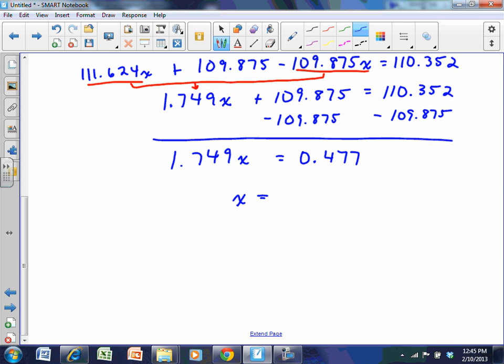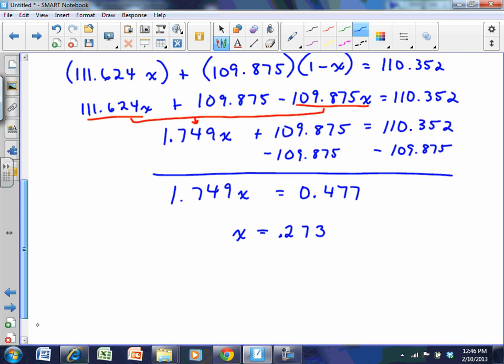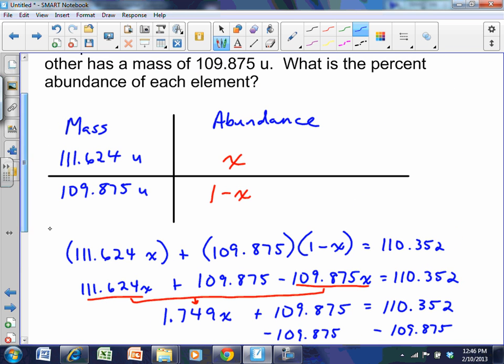And so when I divide 0.477 by 1.749, I get X equal 0.273. And so that's going to be the abundance of this isotope. Okay, 0.273 is 27.3%.